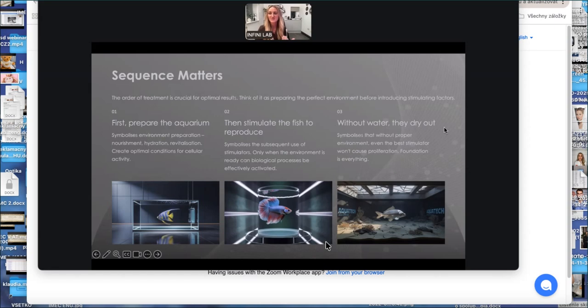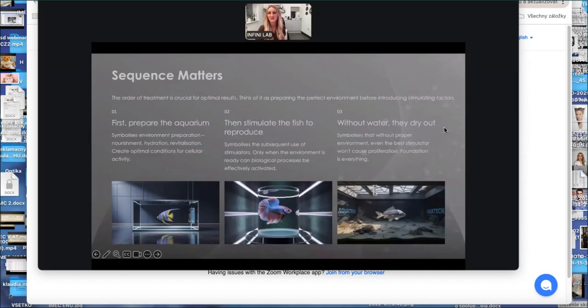But we all know that, and we have to be aware of that. Until we put the water into the fish tank, no matter how good quality food we give to our fish, they will do nothing. They will, I would say, live a little bit and will die, unfortunately.